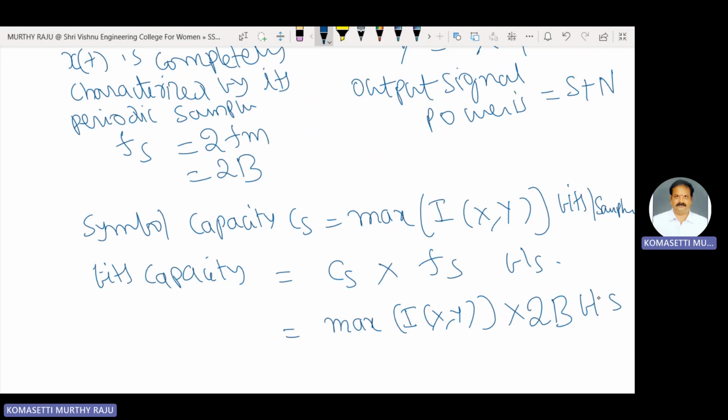Symbol capacity, bits per sample. Bits capacity C is equal to CS into Fs. CS is maximum of I of x comma y into 2B bits per second.